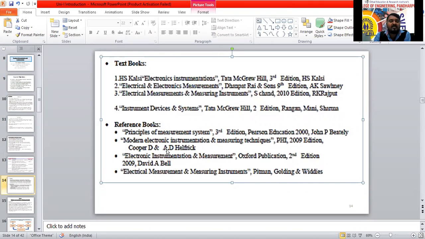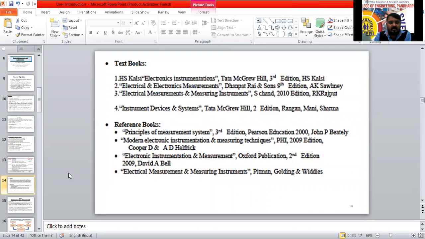If those are still insufficient, you can search international journals, conferences and papers. That is the systematic cycle to collect the data. The A.K. Sawhney textbook is enough to read all the details. This is the brief introduction of the electrical measurement and instrumentation subject.